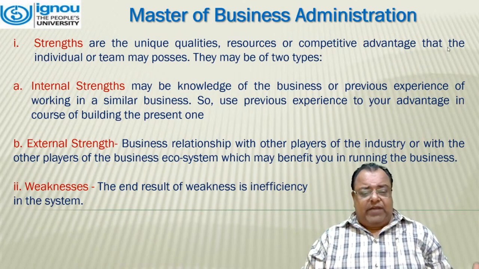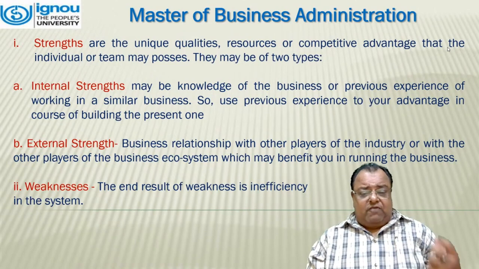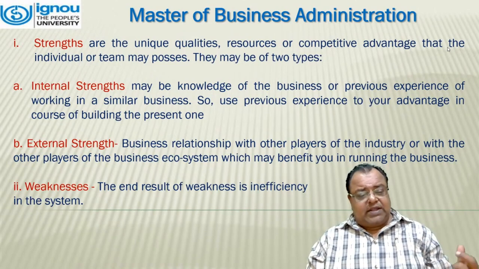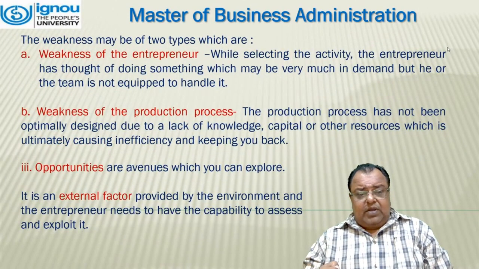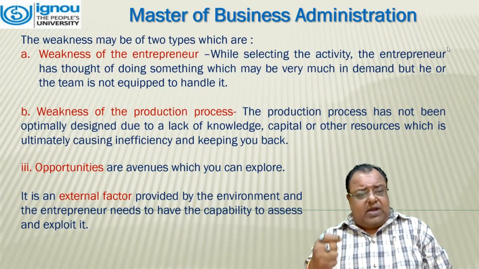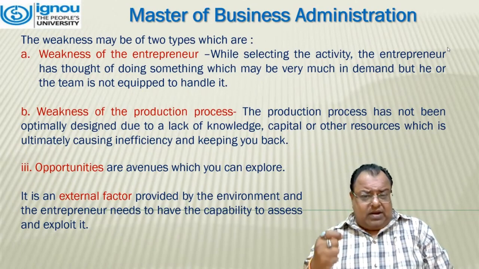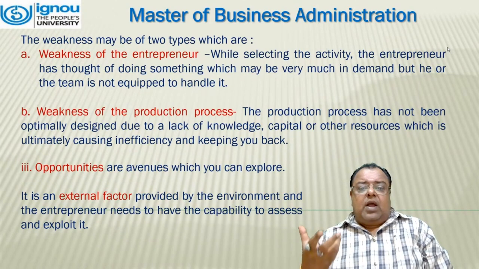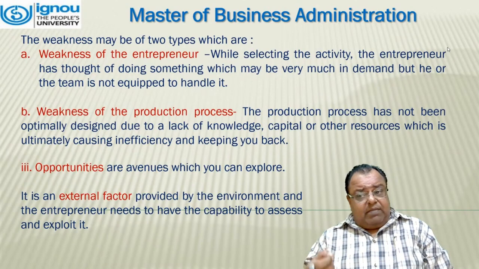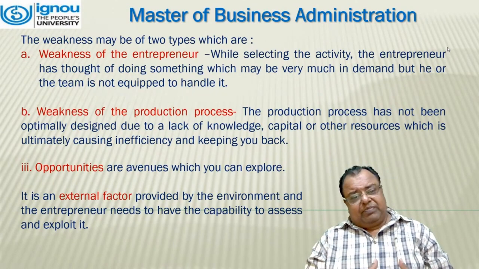Then second part is the weaknesses. The end result of weakness is inefficiency in the system. The weaknesses may be of two types: weakness of the entrepreneur or weakness of the production process. If we talk about weakness of the entrepreneur, while selecting the activity, the entrepreneur has thought of doing something which may be very much in demand, but he or the team is not equipped to handle it.